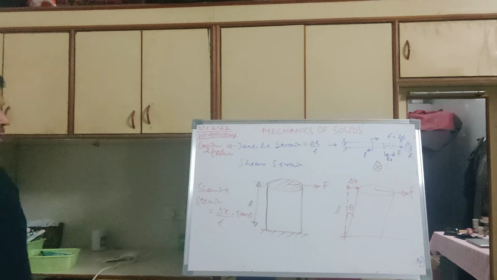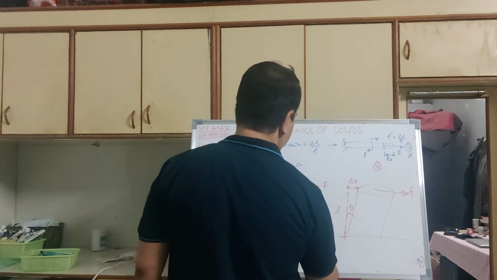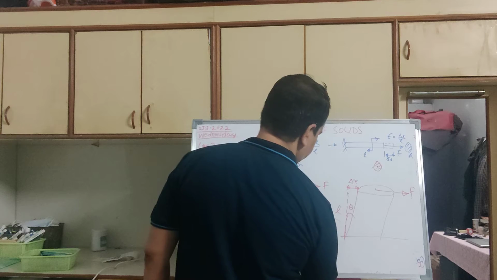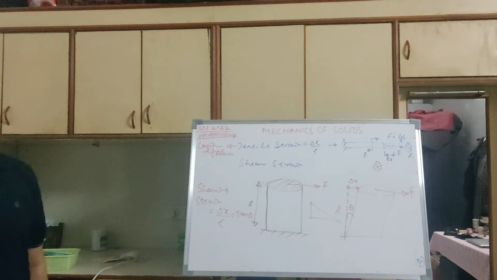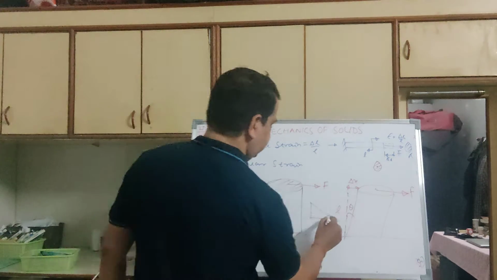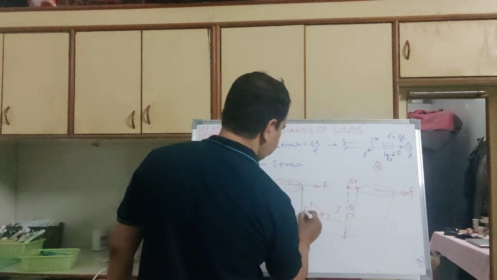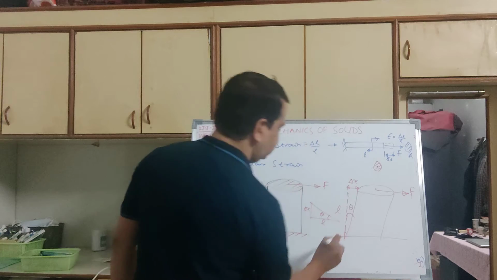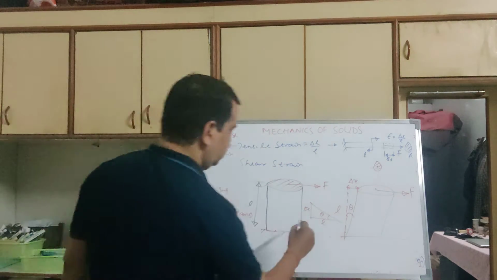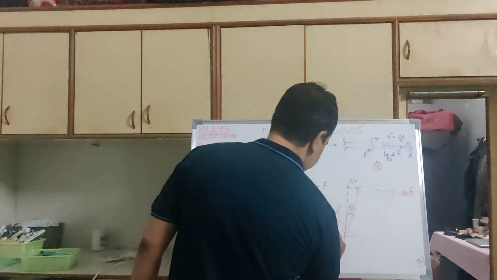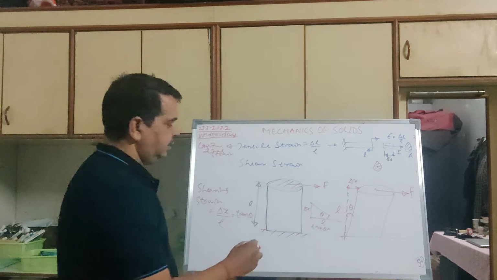Why tan theta? Because in trigonometry you have studied, if this is my right angle triangle, and this is theta, and this is delta x and this is L, then tan theta is equal to height by base, right?